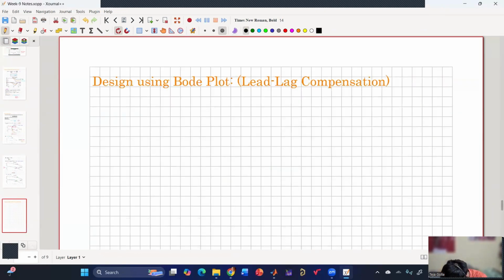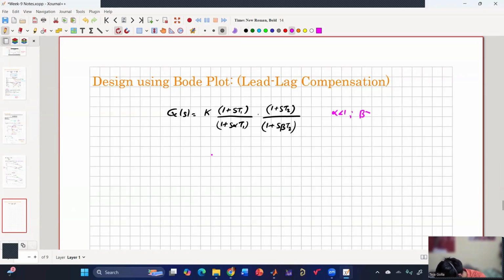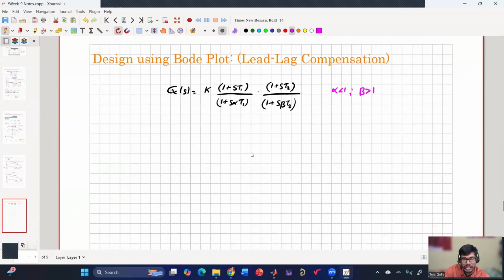Okay, so here is my GC of s, which is K. Now I'll simply write K into (1 plus s T1) by (1 plus s alpha T1), into (1 plus s T2) by (1 plus s beta into T2). Alpha is less than 1 and beta is greater than 1. So we'll follow the guidelines exactly one by one.